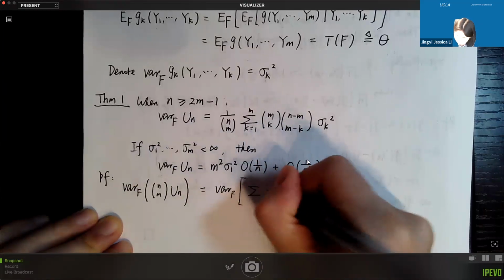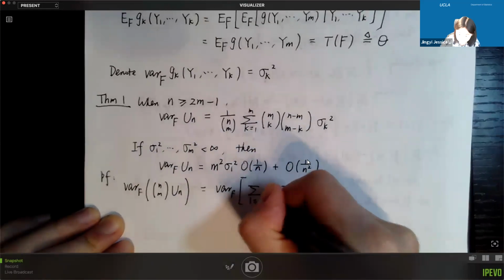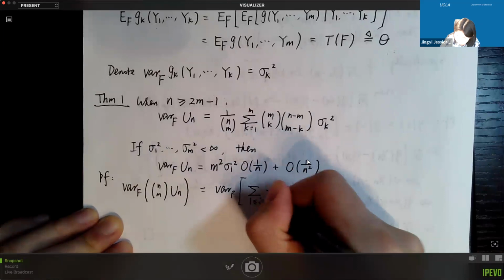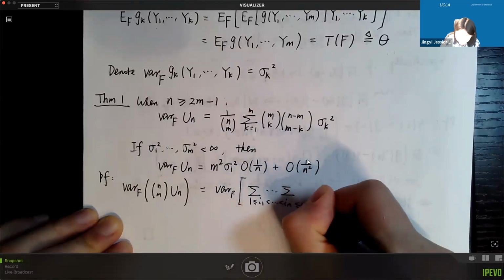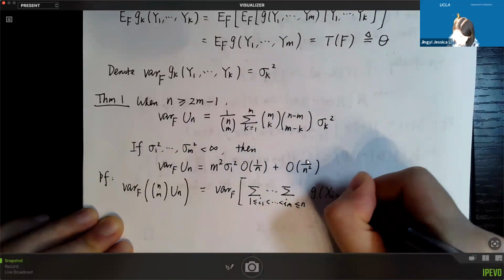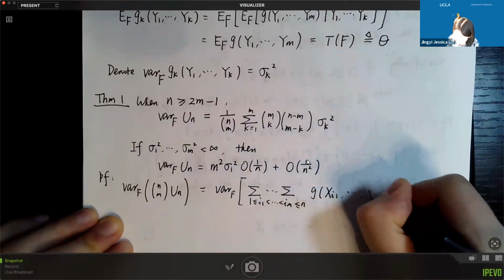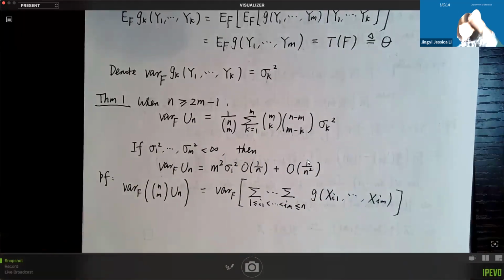if you still recall the definition of the U statistic, the sum over 1 ≤ i1 < ... < im ≤ n of g(X_i1, ..., X_im). Now we can talk about some overlap among those terms.